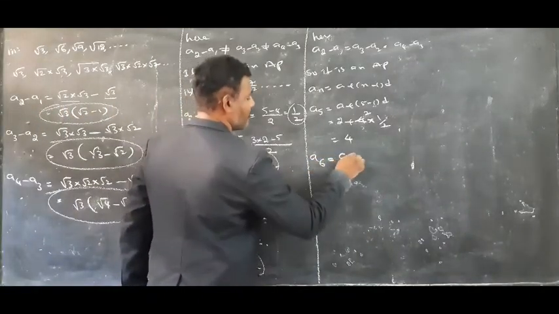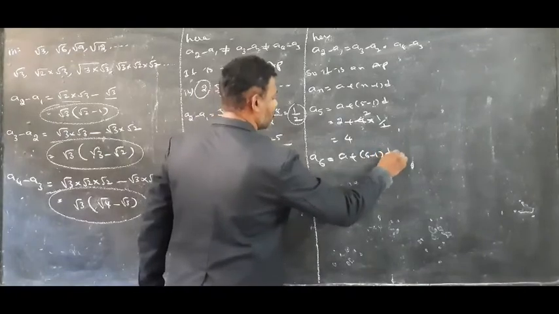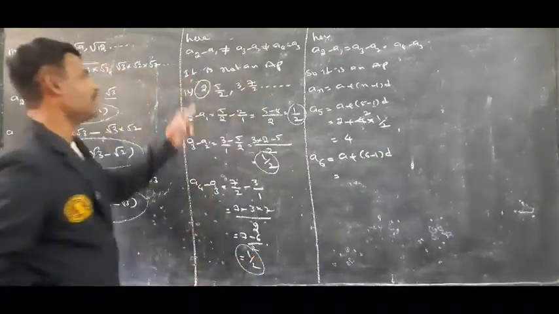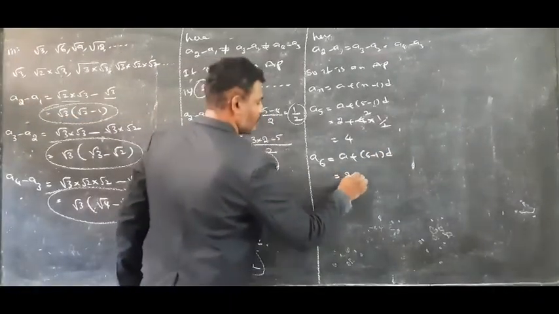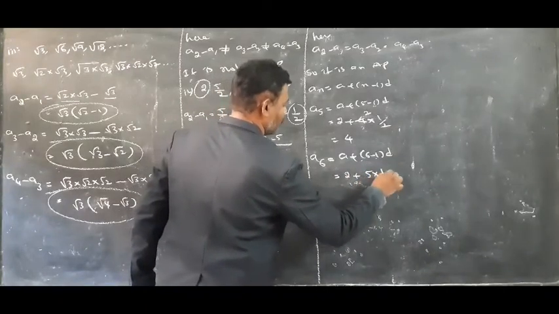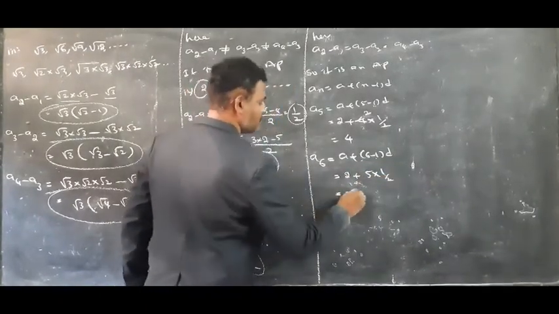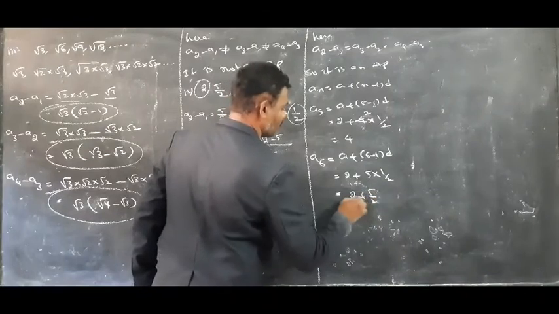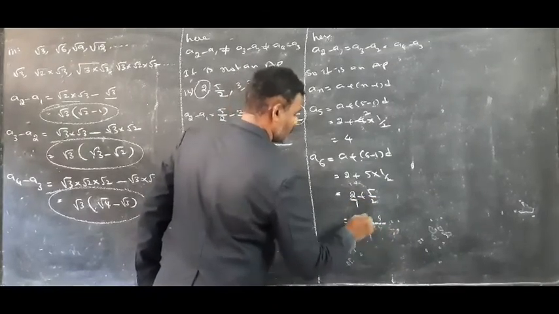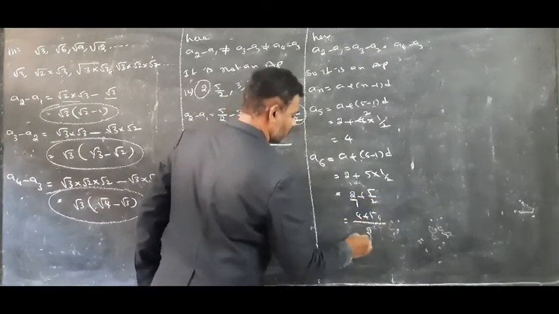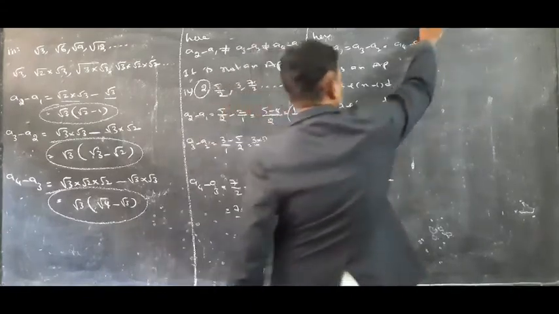Next I need the sixth term. A6 is equal to a plus 6 minus 1 into d. What about the a here? 2 plus 6 minus 1, 5 into 1 by 2. It means 2 plus 5 by 2. 4 plus 5 is equal to 9 by 2.